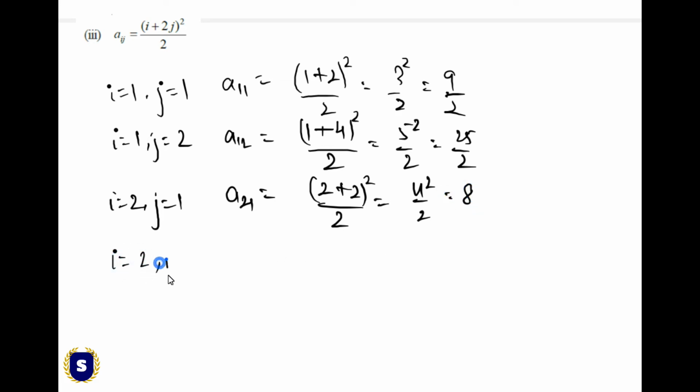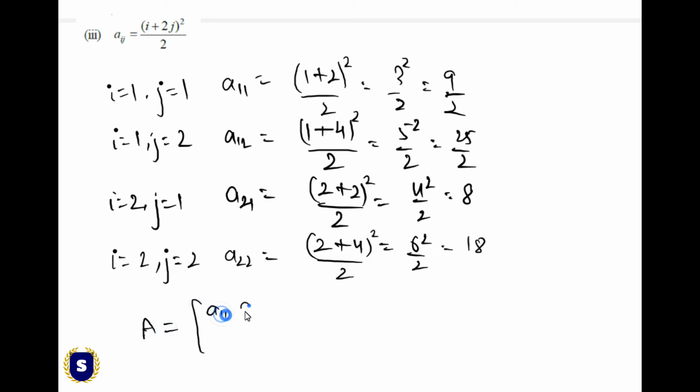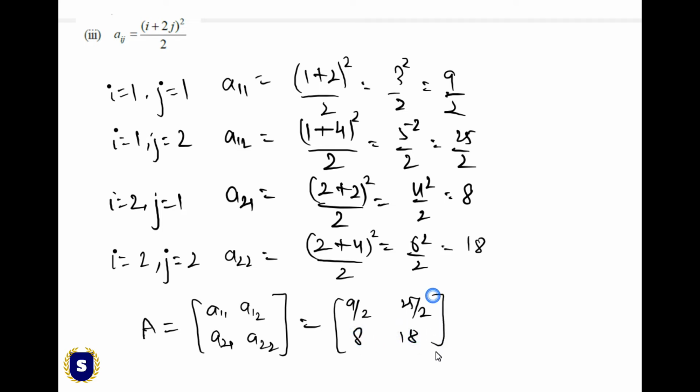When i is equal to 2 and j is also equal to 2, we'll get A22. So we'll get the matrix A as A11, A12, A21 and A22. Right? This is 9 by 2, 25 by 2, 8, 18. Hope the question is clear to you now.